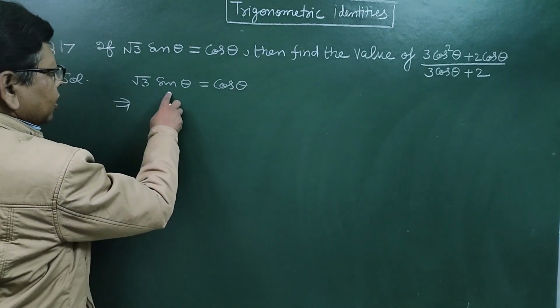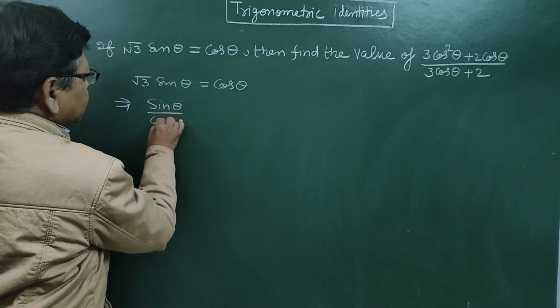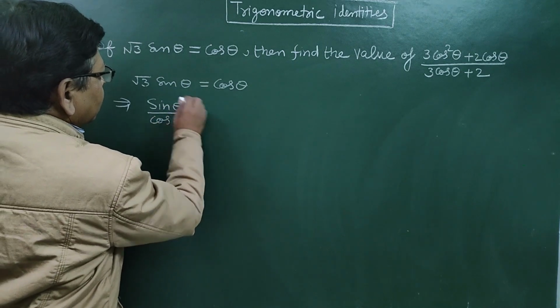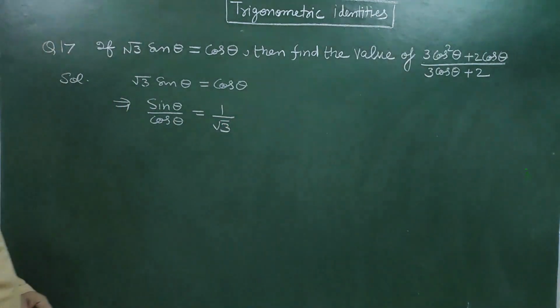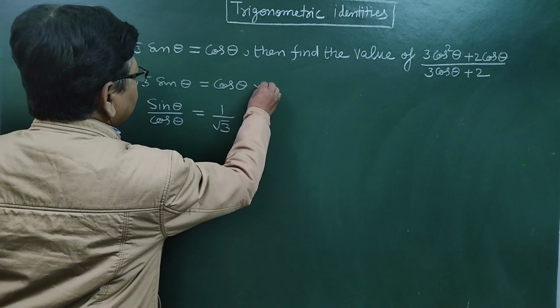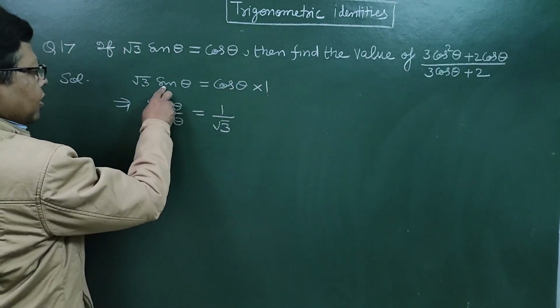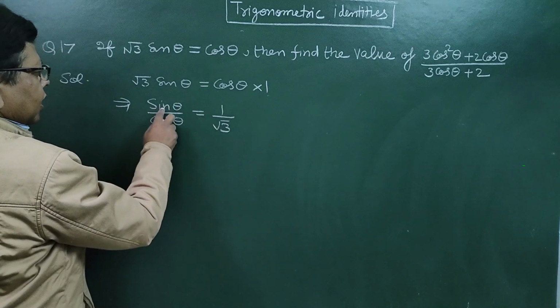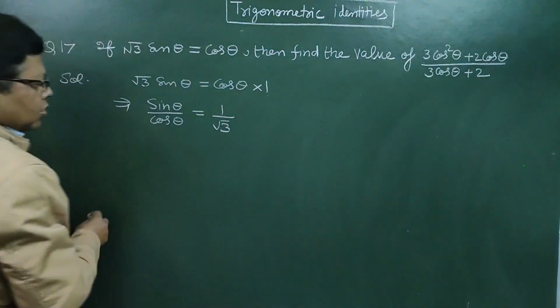Bringing cos theta in the denominator, sin theta upon cos theta is equal to 1 upon root 3, because we can write cos theta as cos theta into 1. So if we bring this in the denominator, then the left hand side becomes sin theta upon cos theta is equal to 1 upon root 3.